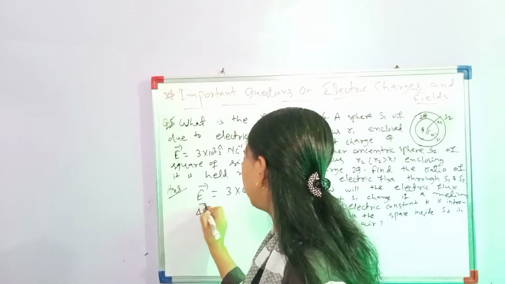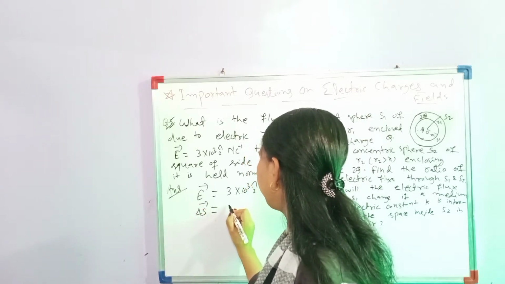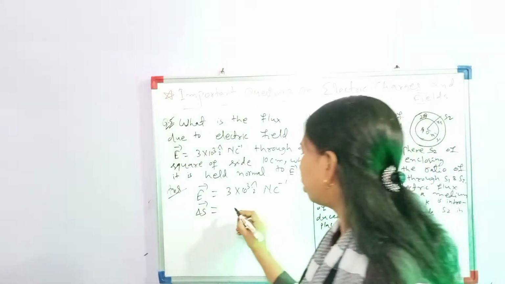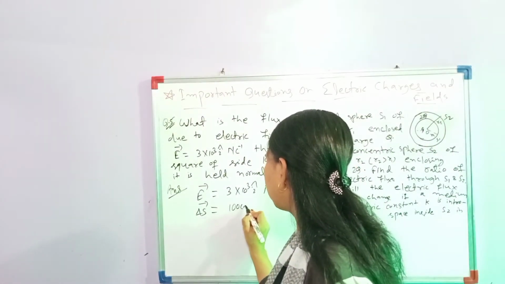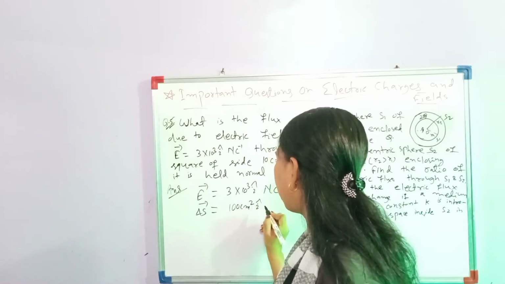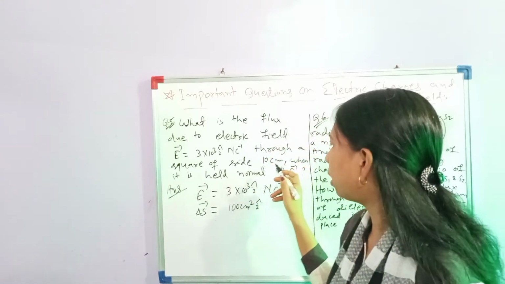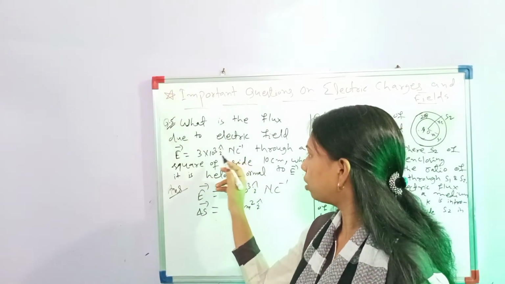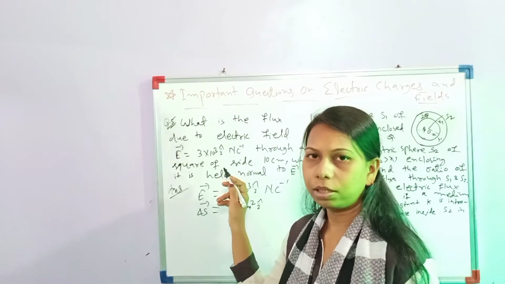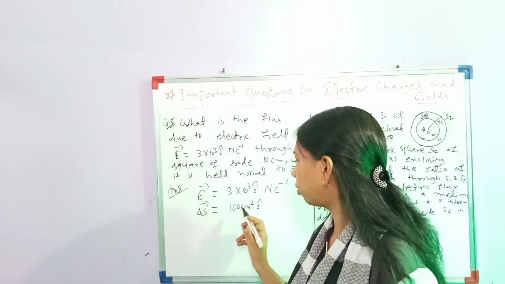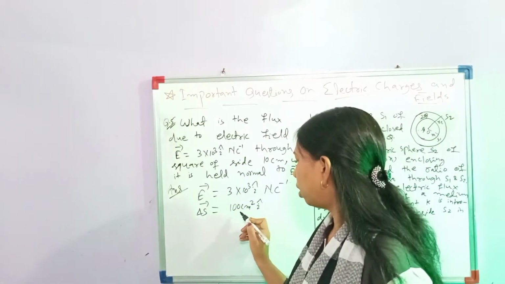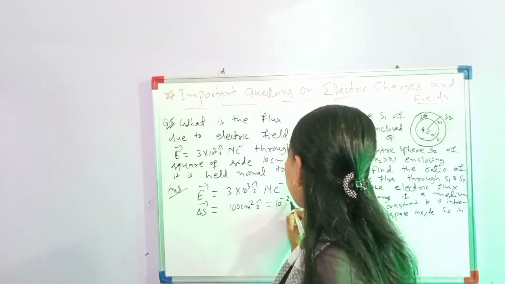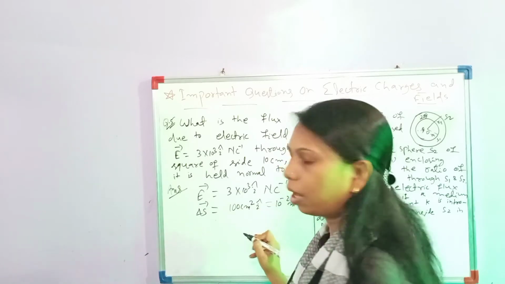Area vector delta S: side is 10 centimeter, so area will be 100 centimeter square i cap, because area is held normal to E. Normal to E means in YZ plane, so direction of area vector will be along x axis, so it will be 100 centimeter square i cap or 10 to the power minus 2 meter square i cap.